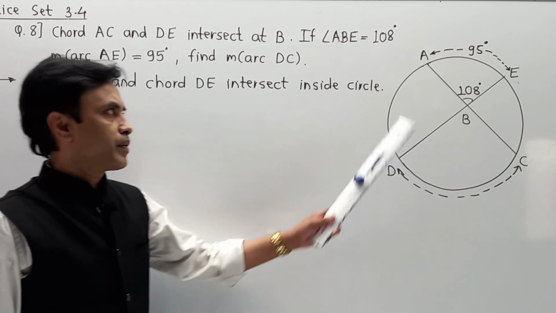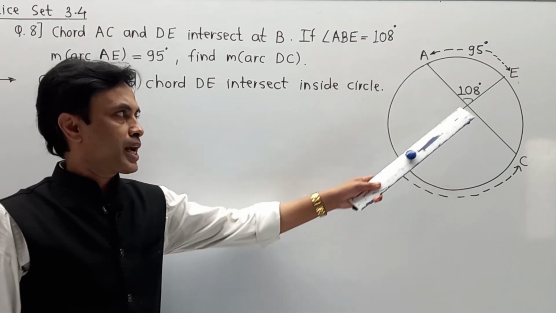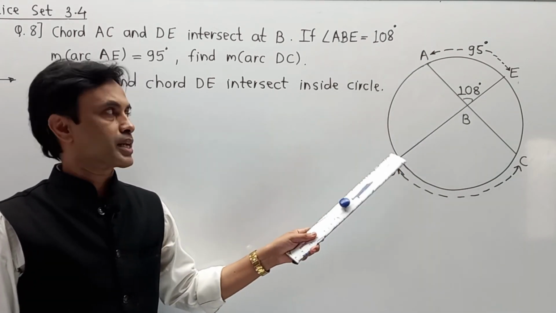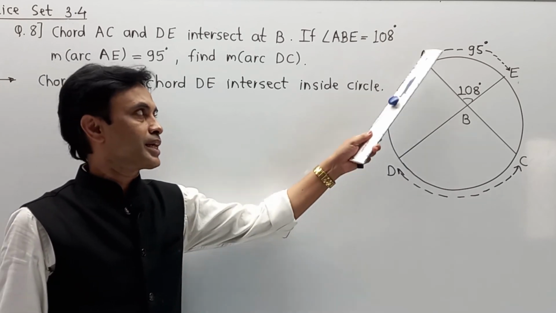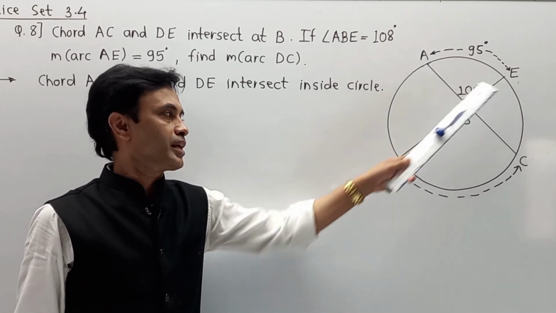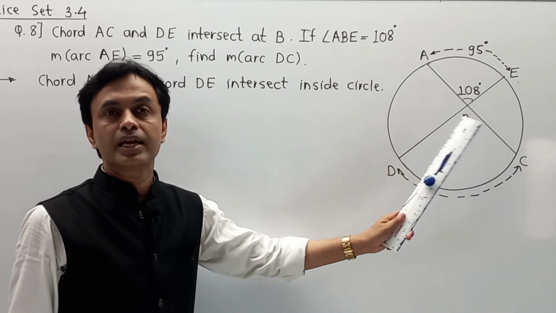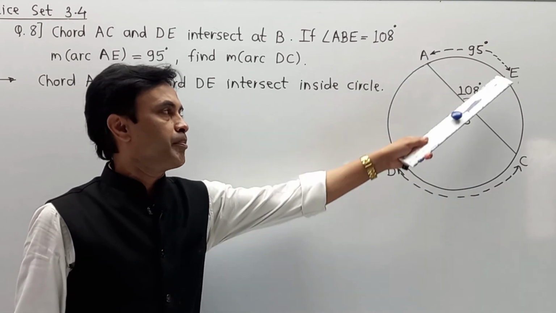Therefore, we have a standard formula. As both the chords intersect inside the circle, either angle ABE or you can say DBC. Anyway, you can use angle ABE.